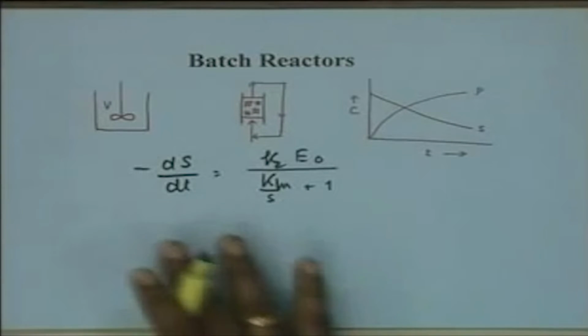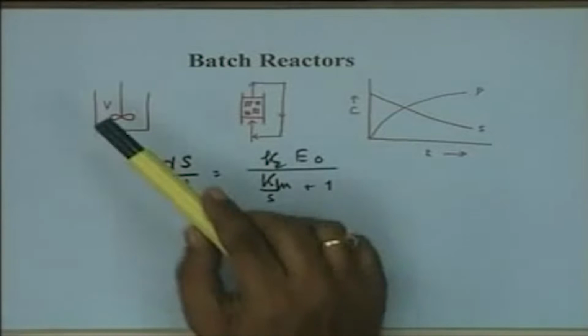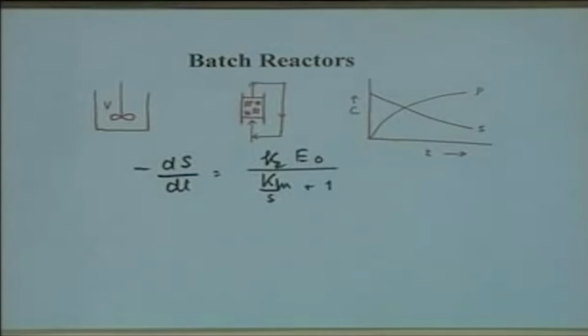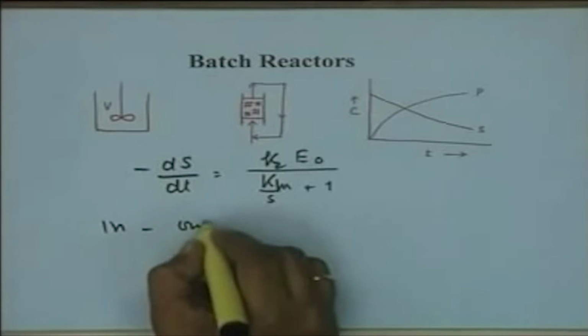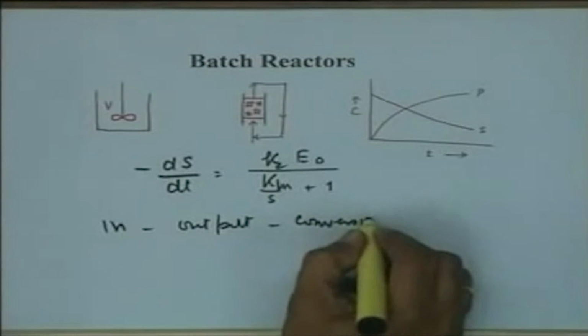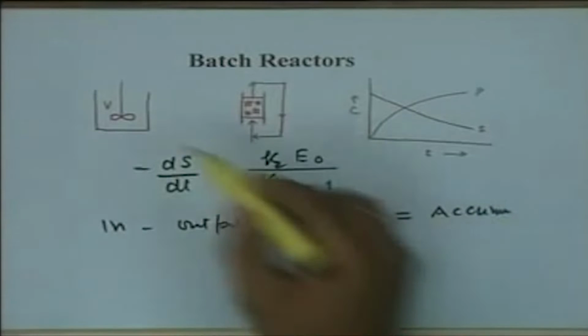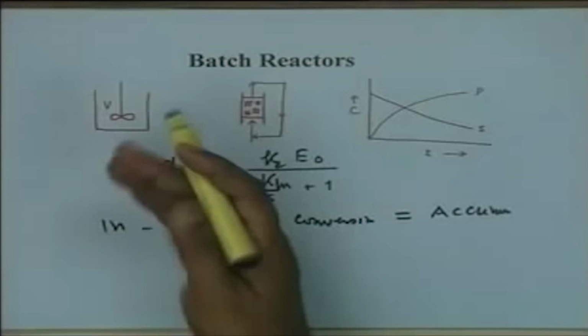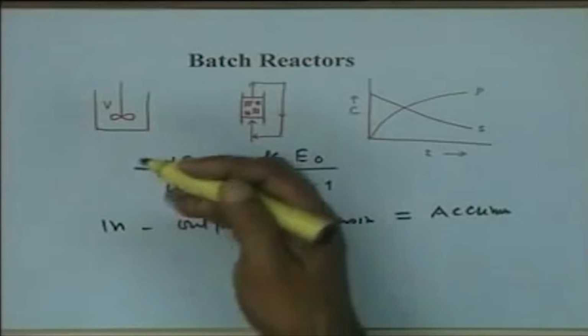Now even when we write the integrated form equation, we can assume that this is also valid if you make a material balance across the batch reactor, because the classical material balance equation requires that input minus output minus conversion should be equal to accumulation. Here in the case of a batch reactor, the accumulation is volume multiplied by rate of change of substrate concentration, that is V dS over dt.